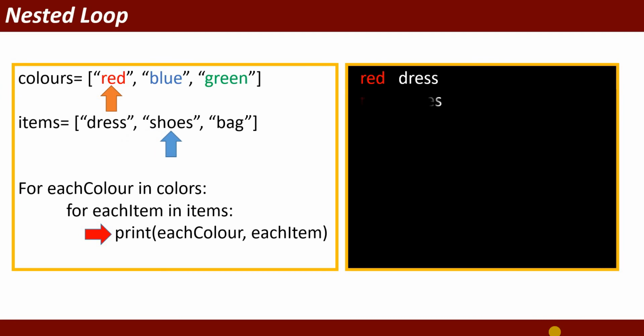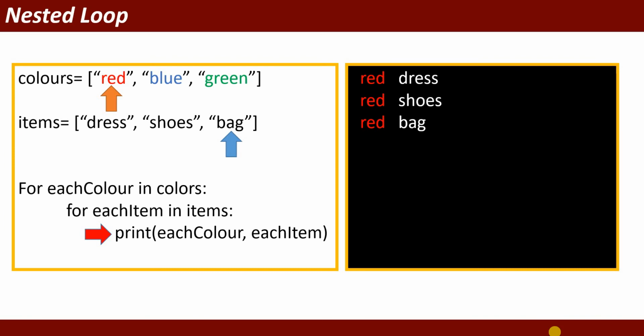Next, the color is still the same, that is red, while the item pointer moves to the next point, that is shoes. It shows me red shoes and in the same way red bag. Now the inner loop has been completed because it executed 3 times.